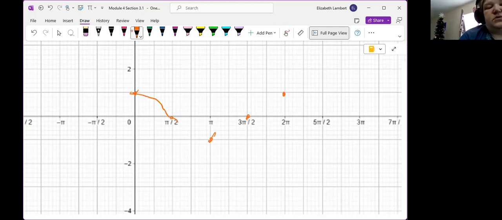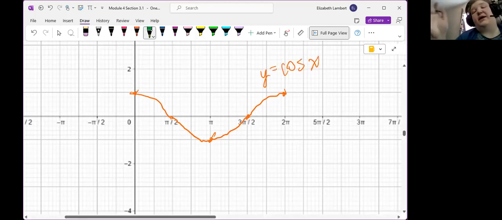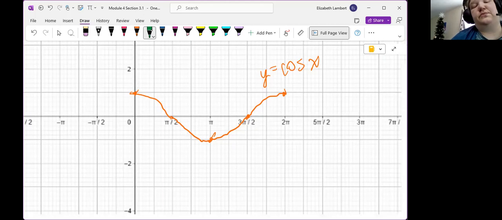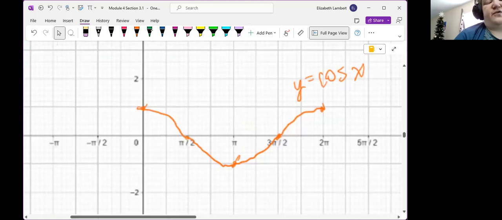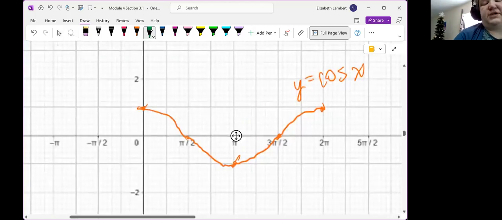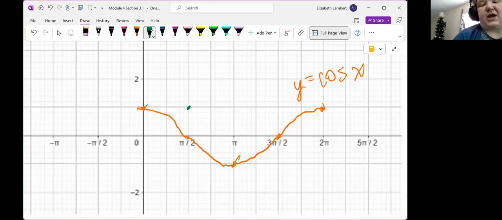So, there's our regular cosine of x. Now our cosine of x minus pi over 2. We said that goes right pi over 2. So instead of here at 1, 0, I'm going to shift that to the right pi over 2. So now it's pi over 2, 0, or 1.